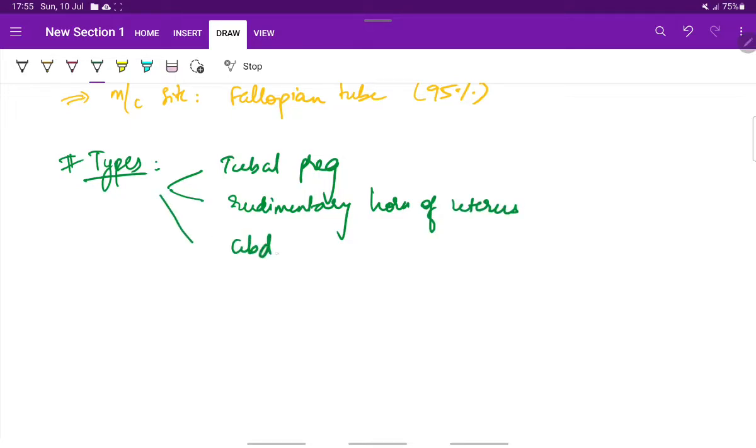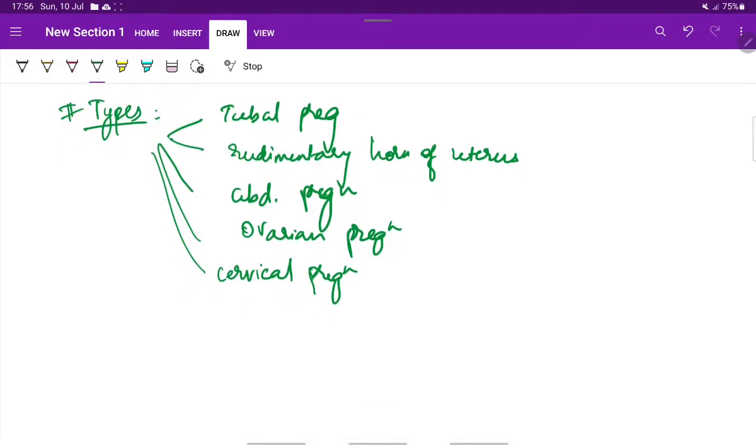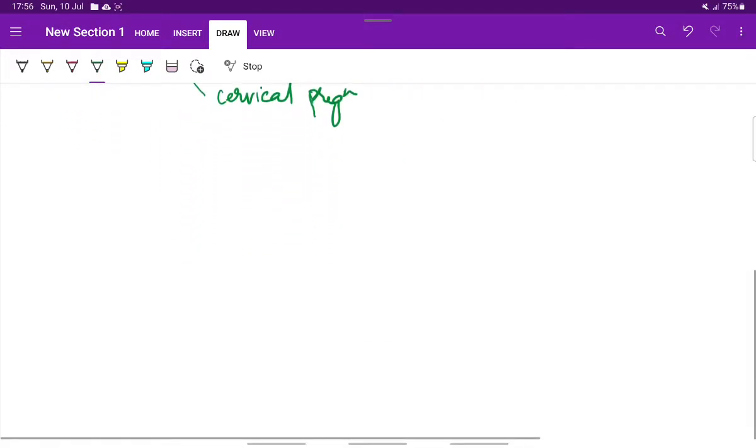Next, abdominal pregnancy. The others include ovarian pregnancy and cervical pregnancy. The names are self-explanatory. So these are all the types of ectopic pregnancy.